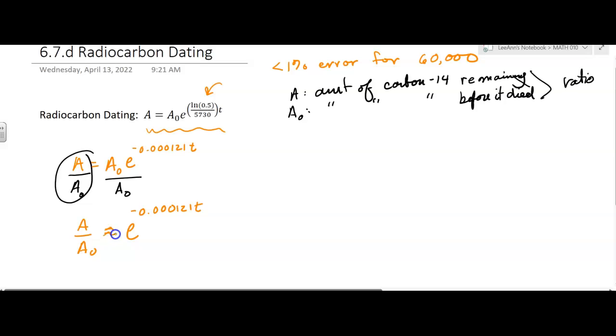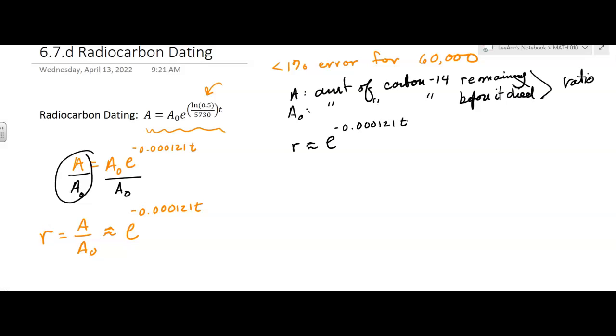And we're going to replace that ratio with the letter R. So now we have a new formula: R equals approximately e to the negative 0.000121t. Now we can solve that equation for t, and that's what we want to do.